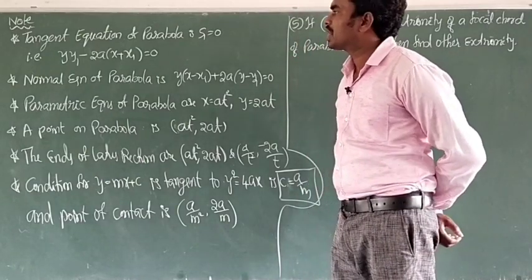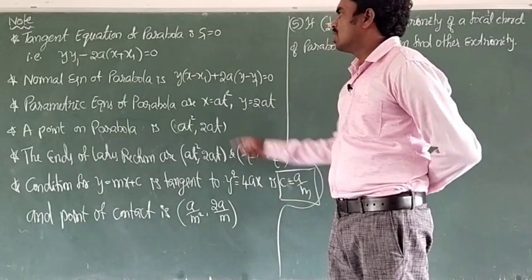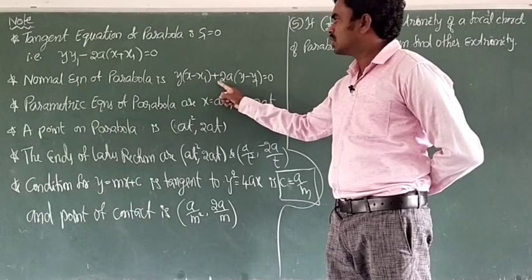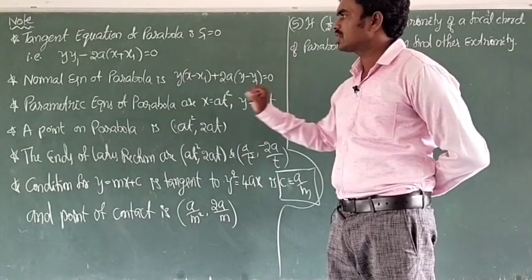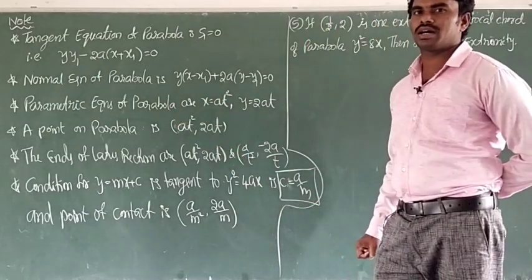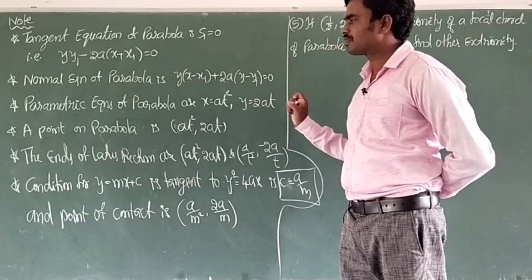Next, the normal equation of parabola is y into (x minus x1) plus 2a into (y minus y1) equal to 0. Third point, parametric equations of parabola are x equal to at square, y equal to 2at.